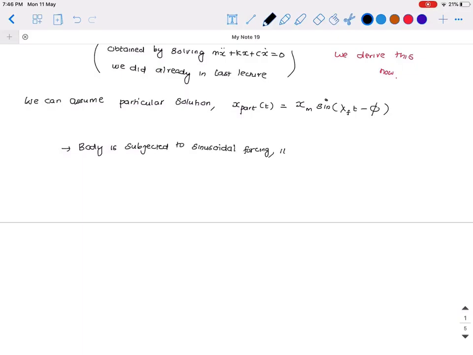Okay, so it is natural to assume that the body will undergo sinusoidal oscillations.